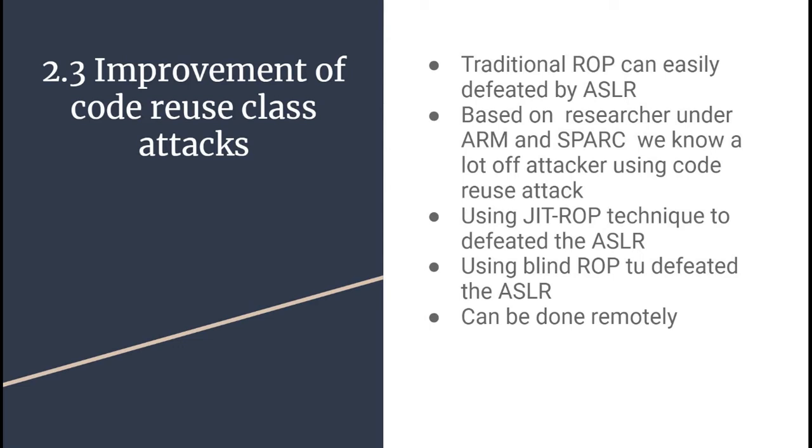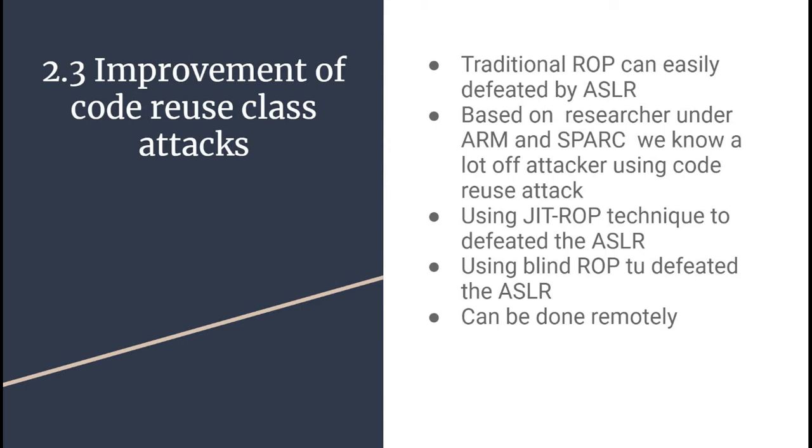The attacker can use the JIT-ROP technique, where JIT is just-in-time. Next, there is another technique to defeat ASLR and learn where the gadgets are in a particular program executable: the blind ROP, or BROP, technique, introduced at the IEEE Security and Privacy Conference in 2014.